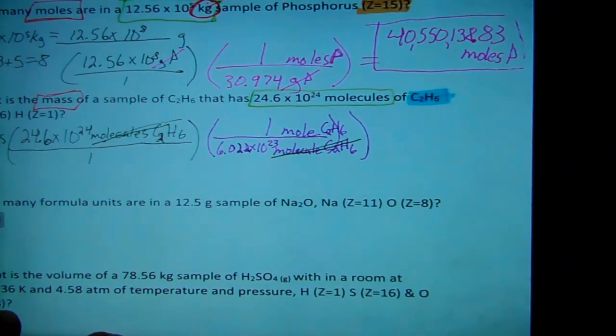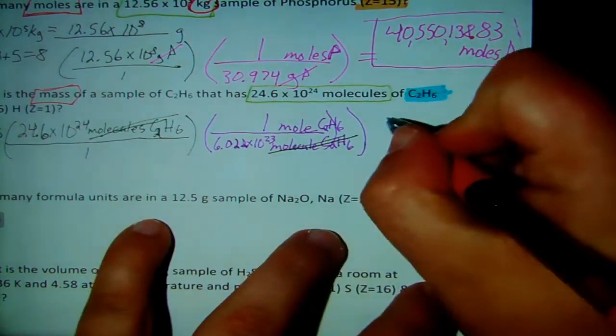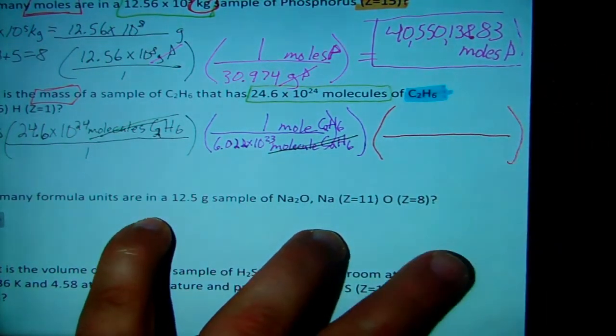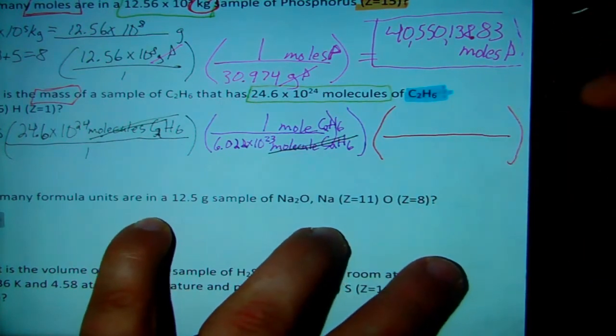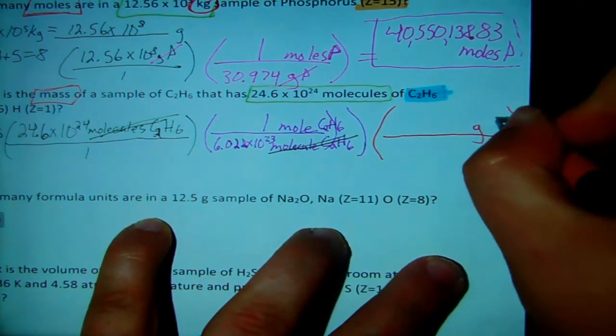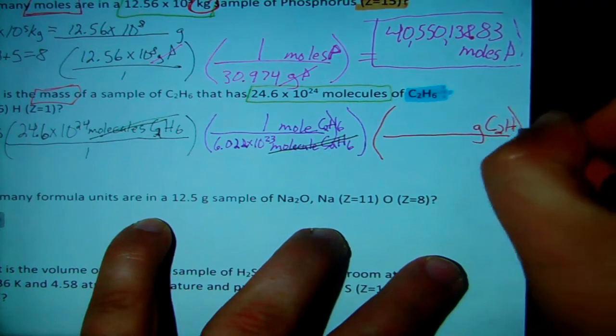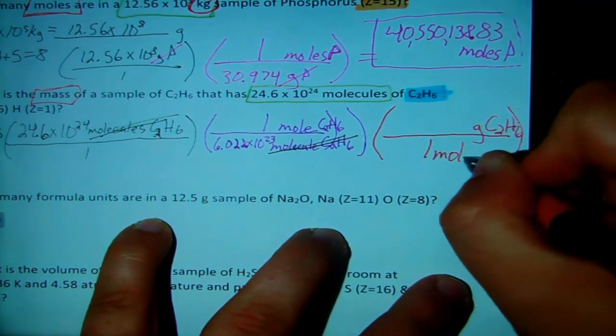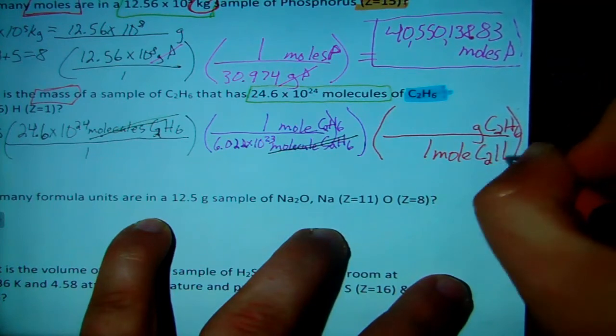So take it all the way to where we're trying to find. Set up your last conversion factor. I'm trying to find mass, which is grams, so grams of C2H6 go on top, and 1 mole of C2H6 goes on the bottom.